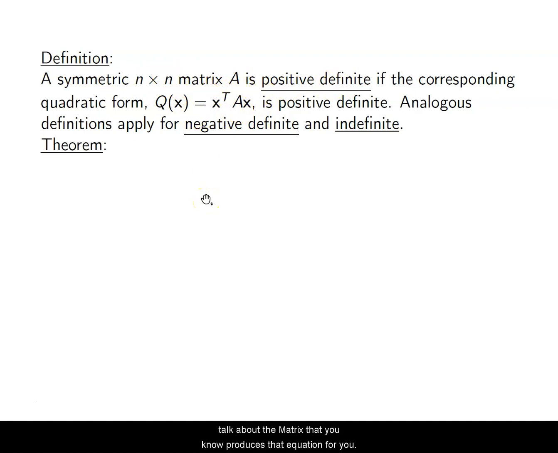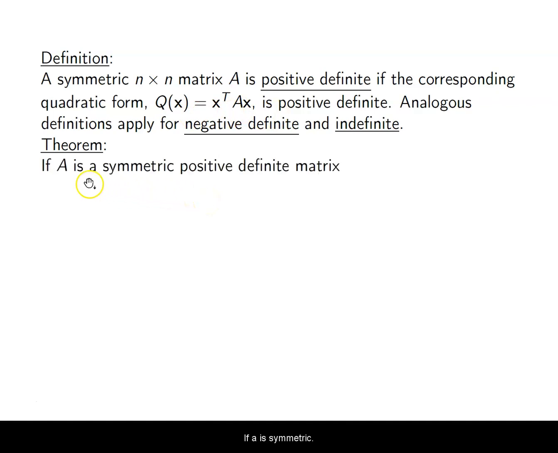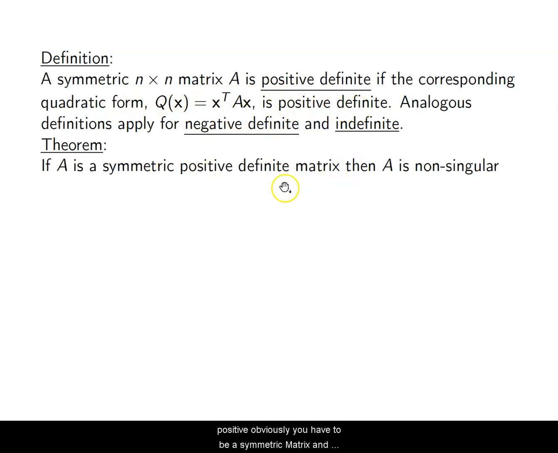All right, so here goes the theorem. If A is a symmetric positive definite matrix, then A is non-singular, meaning that if you're positive definite, you have positive eigenvalues. Obviously you have to be a symmetric matrix in order to even be positive definite, right?